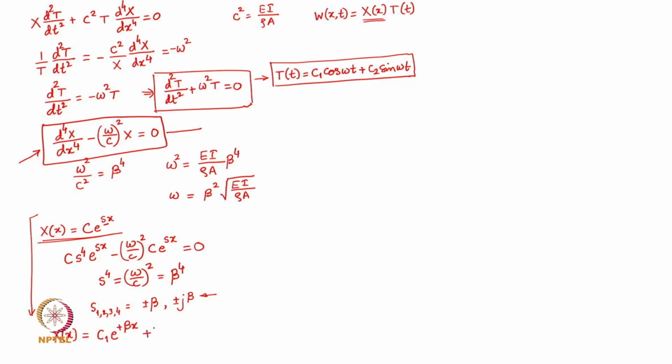A general solution will be comprising of all the roots, so contribution from each one will have to be taken into account. So, plus c2 e to the power minus beta x plus c3 e to the power j beta x and plus c4 e to the power minus j beta x.